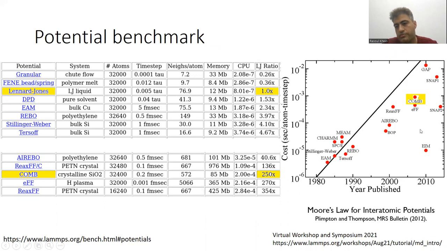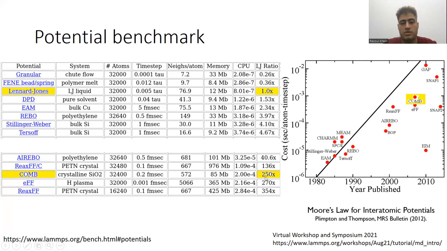So the result can be exact and reliable, but it's also time costing. So there is a comparison here between Lennard-Jones and COMB potential. And we can see here that for a particular case, COMB potential is 250 times slower than the Lennard-Jones potential.